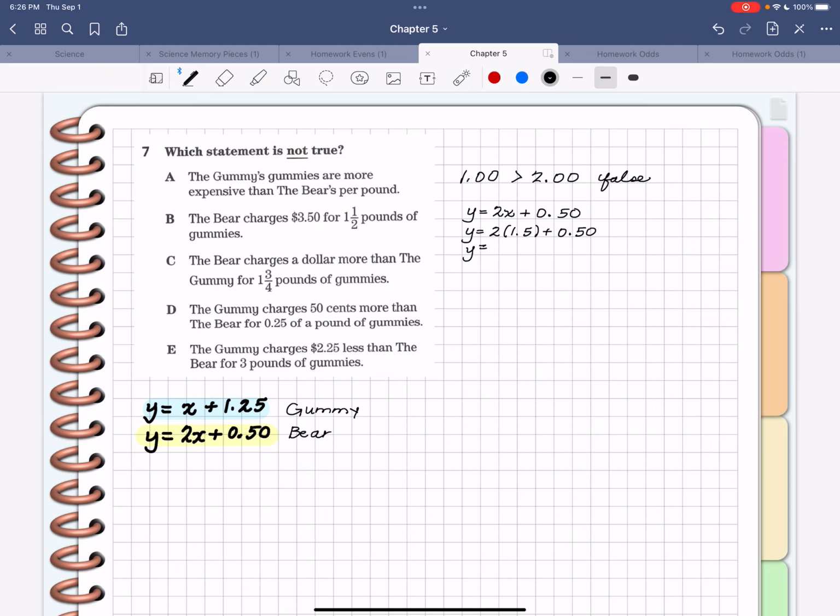So 2 times 1.5 is 3. Plus 50 cents. $3.50 for 1.5 pounds. That is a true statement.